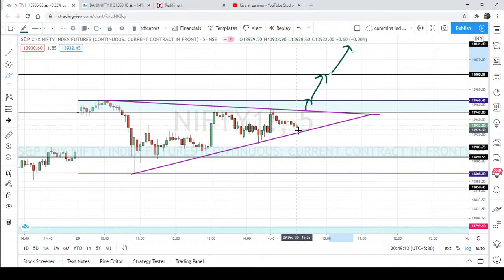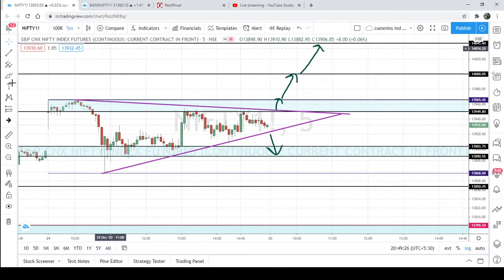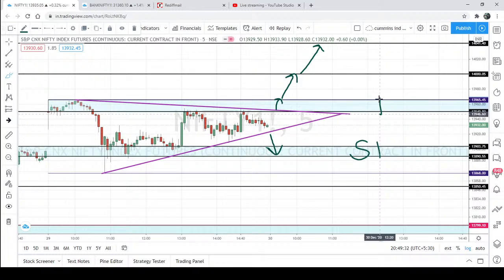And in case it breaches this level on the downside, we can expect prices to enter this zone. I'll mark it as S1, that is support 1 zone. This is my support 1 zone, and here this is my resistance 1 zone. Any breach on the downside, there are good chances it will enter support 1 zone, and it can move to 13,868.